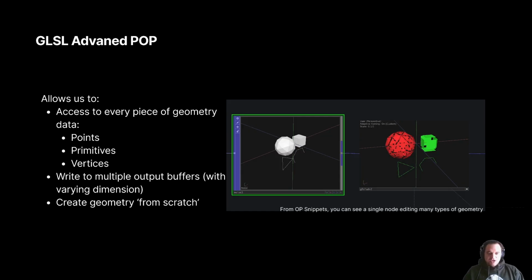It really truly unlocks everything on the GPU, and you've probably seen some pretty cool stuff coming from Mini UV, especially using POPs, and a lot of the stuff that he's doing is using the GLSL Advanced POP to a very high degree. So that is probably the best long-term example of what crazy stuff you can do using this operator.